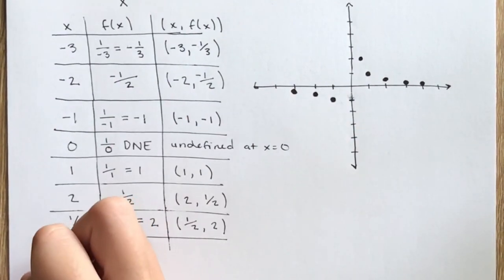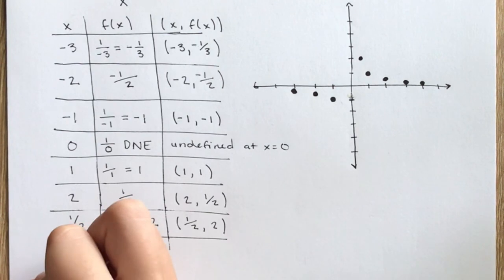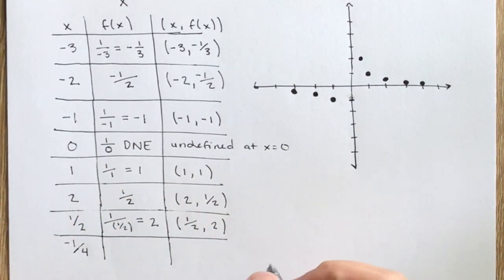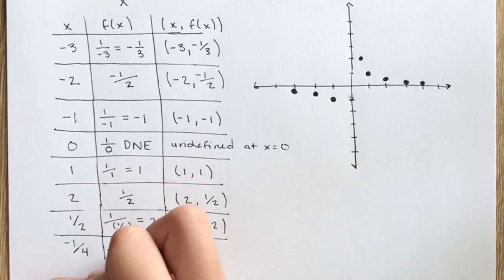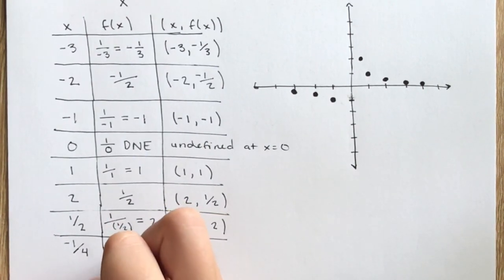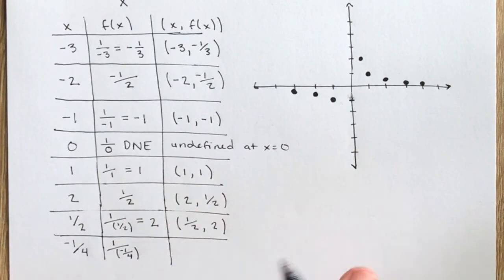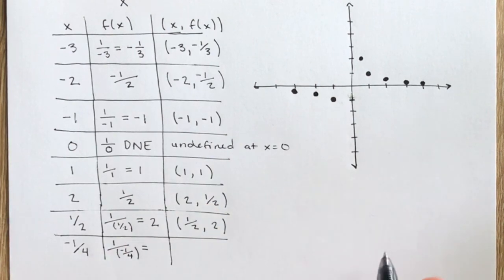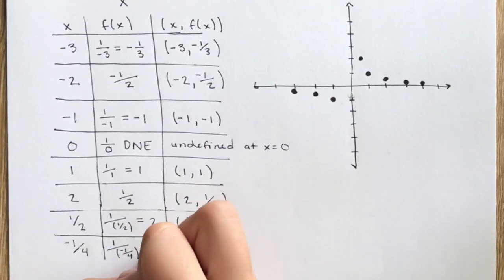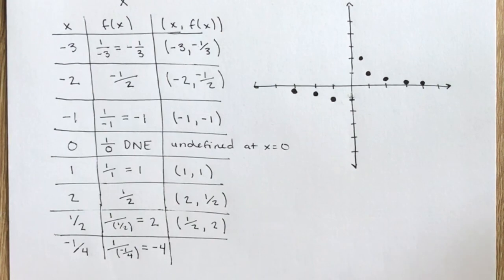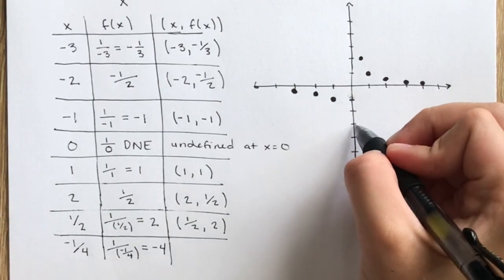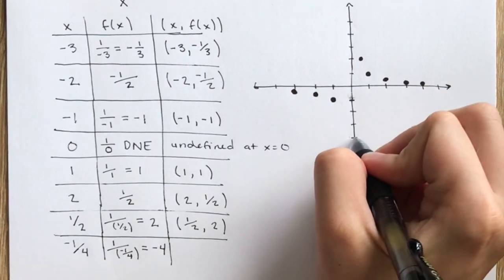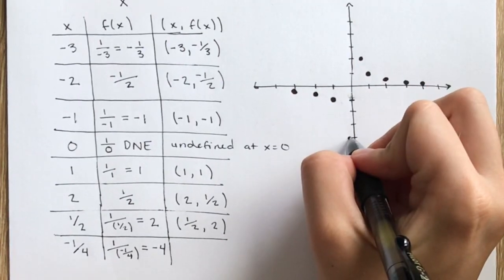So let's do negative 1/4. So I plug that into this relationship here. We've got negative 1/4 underneath, or negative 0.25. Plug that into a calculator, I end up with negative 4. So that's 1, 2, 3, 4, negative 4, and 1/4 is really, really close to this y-axis.